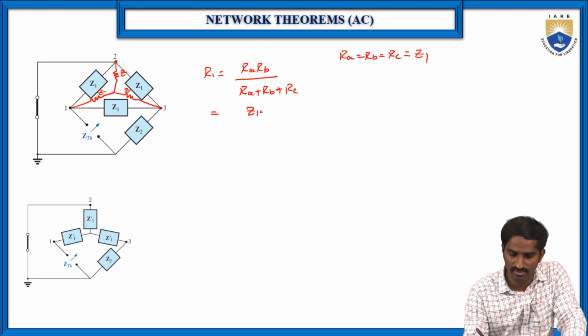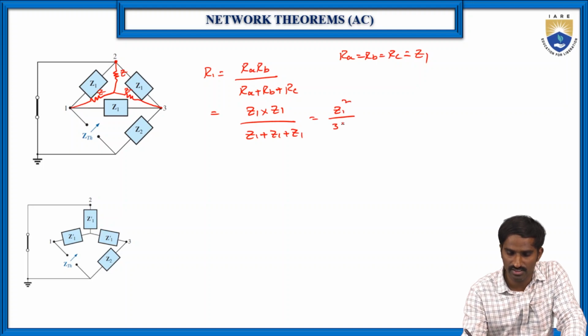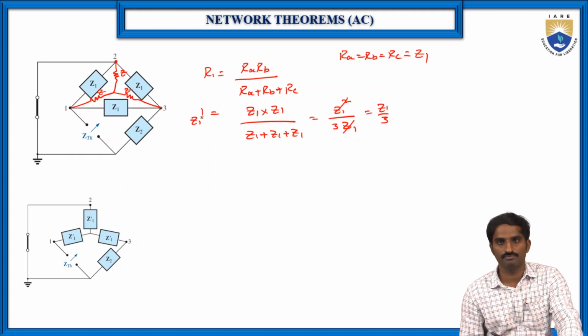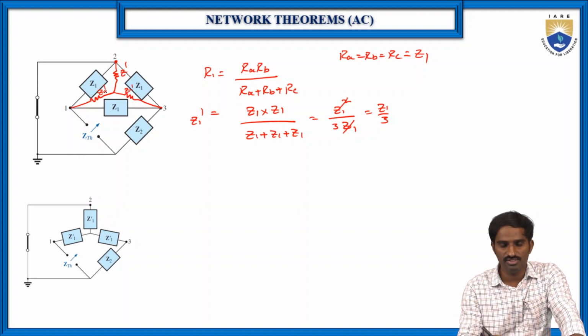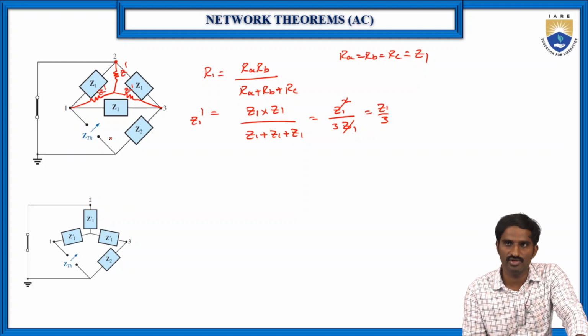Then Z1 into Z1 by Z1 plus Z1 plus Z1, which is Z1 square by 3Z1. So Z1, Z1 cancel, and you will get Z1 by 3, which is, let us consider here, Z1 dash. Okay, these are the star elements. Similarly, for Z2 dash, Z3 dash also you will get the same.